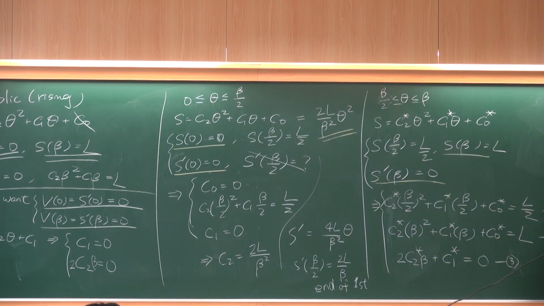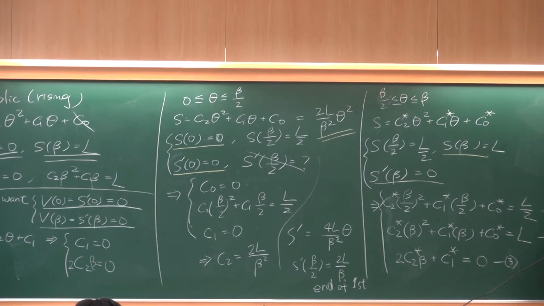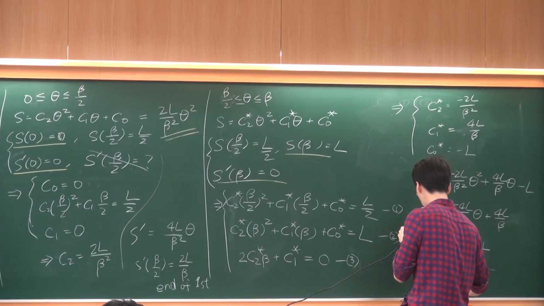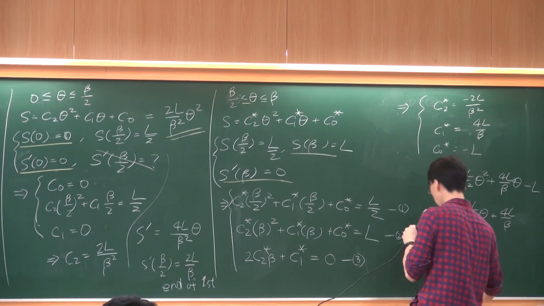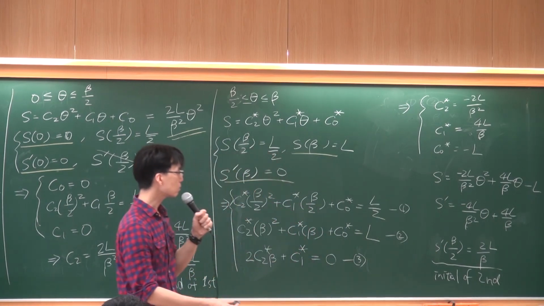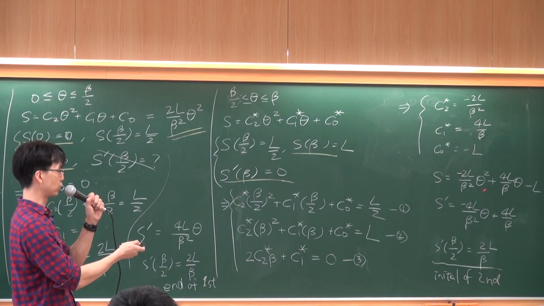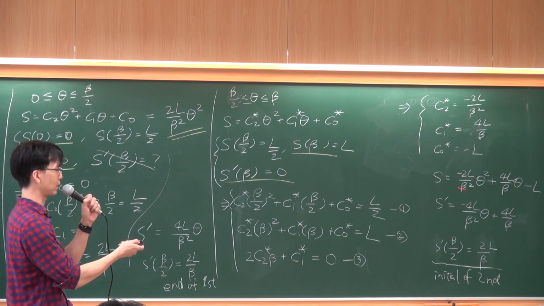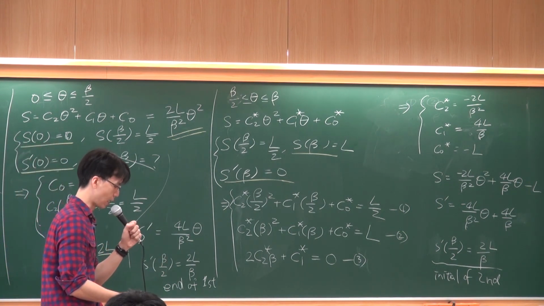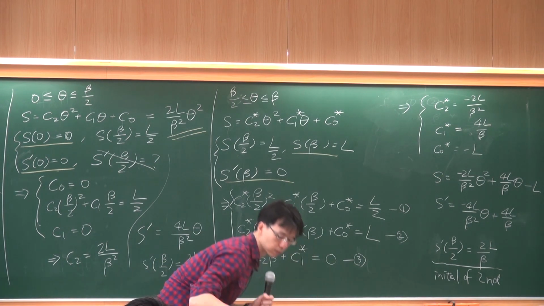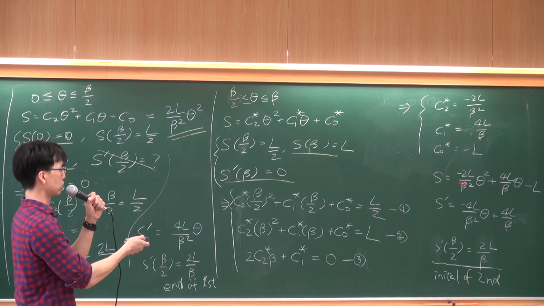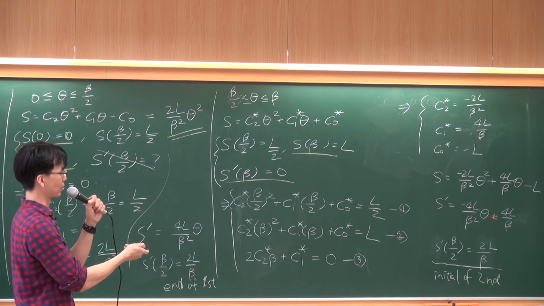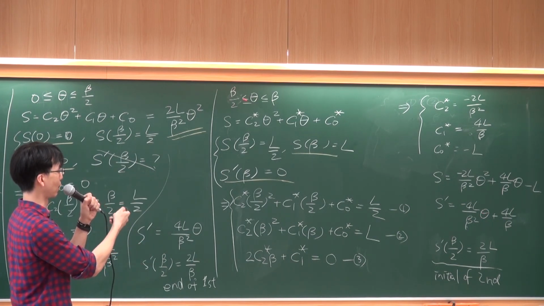But right now we also need to find the velocity at the initial point of the second segment. So I also do a differentiation for this displacement equation to find the velocity expression. I get this velocity expression, and I substitute theta with beta over 2 because the second segment starts at beta over 2.